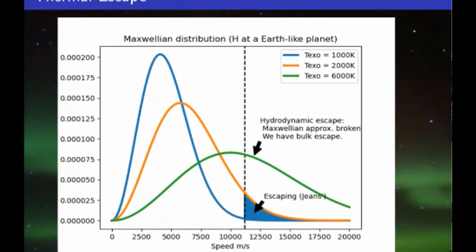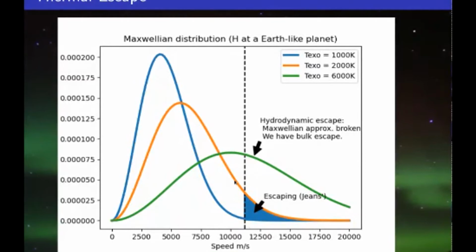So if we take the Maxwellian distribution, the distribution function of the atoms or molecules in the upper atmosphere, we see that there is a small fraction of them that has a speed above the escape speed. And if they have the correct orientation, they can escape the planet.